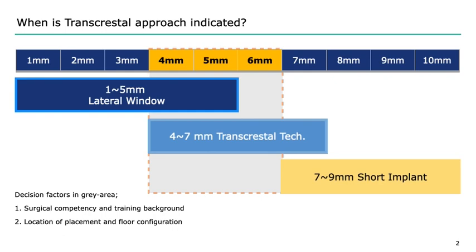In this range, you can do both of the approaches. So both approaches are available. For the decision making, other clinical factors besides this residual bony height, like clinician training background and the missing location, should be considered as well.